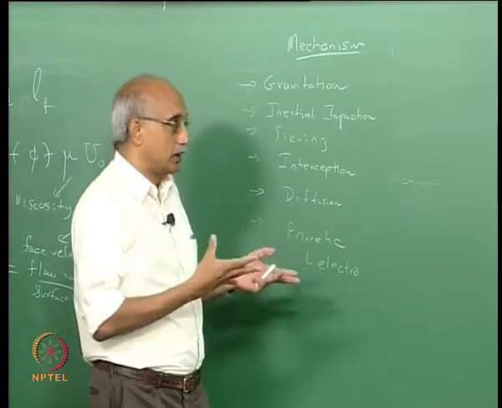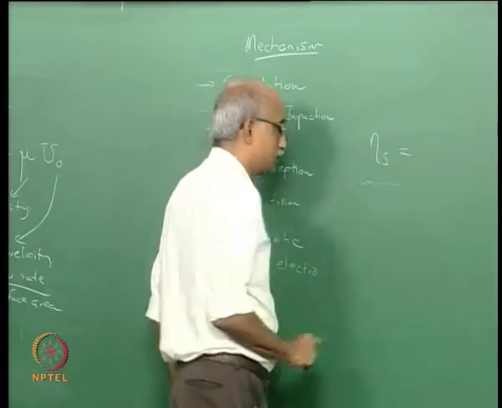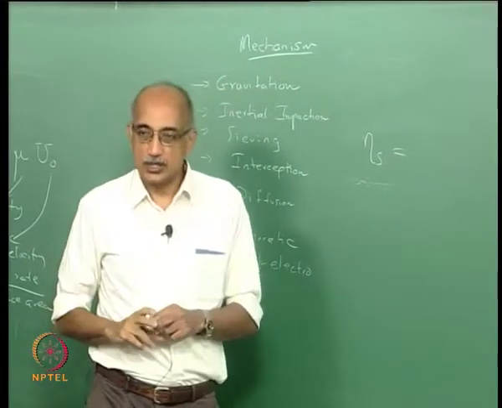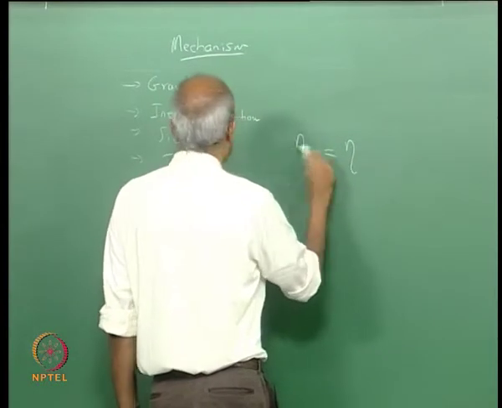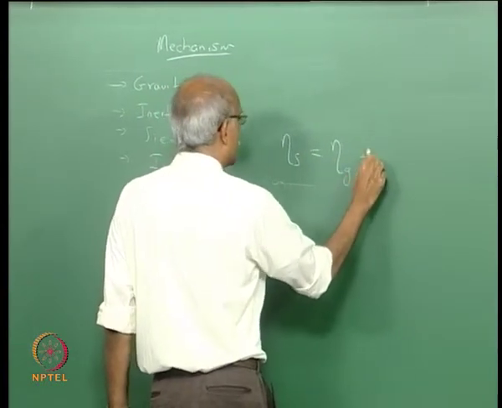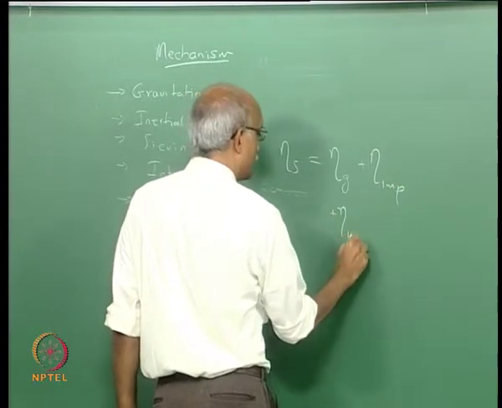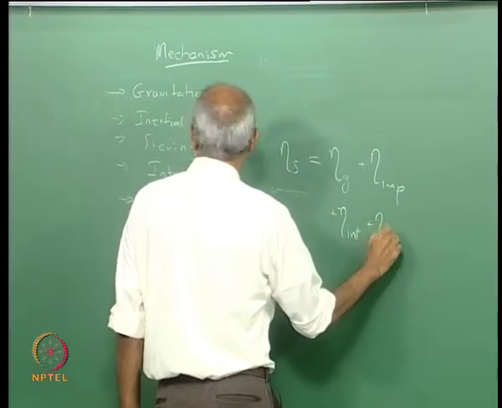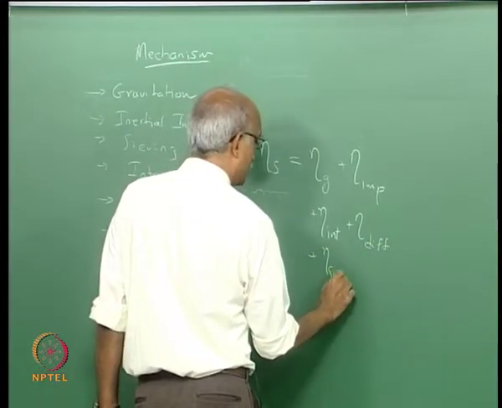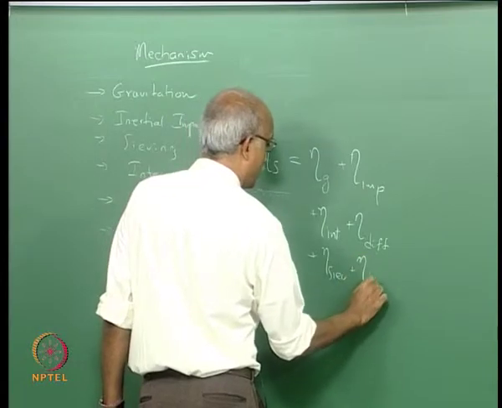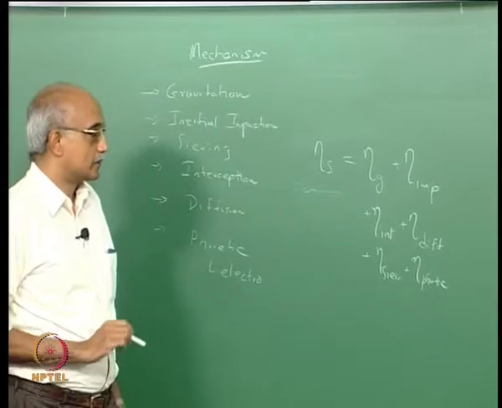So overall, if you look at eta S, which is the particle removal efficiency of a single fiber, it is obviously a combination of all this: the efficiency due to gravitation, plus efficiency due to impaction, plus efficiency due to interception, plus due to diffusion, plus sieving, plus phoretic, and so on.